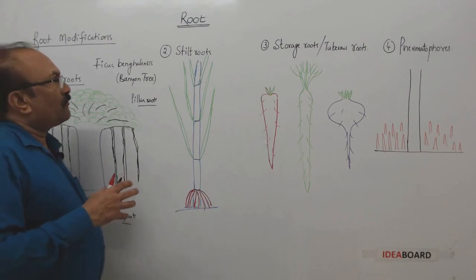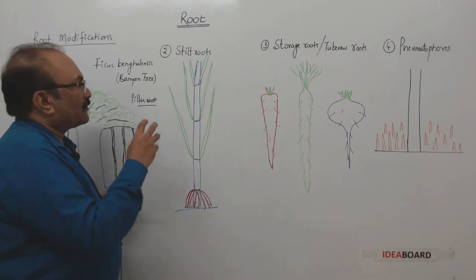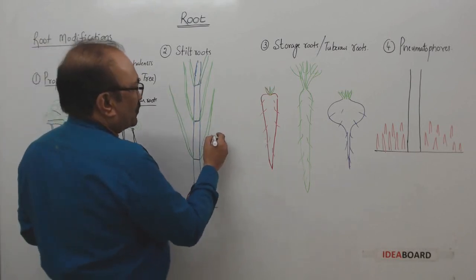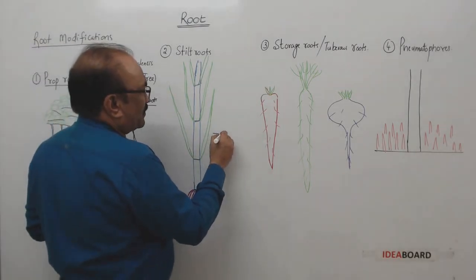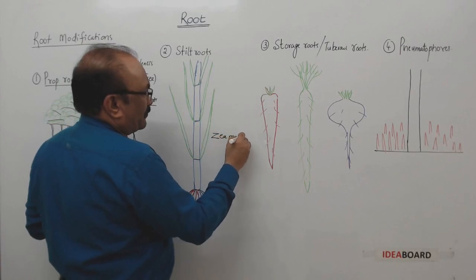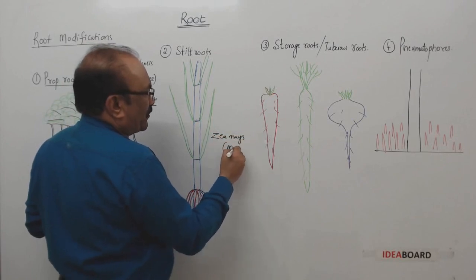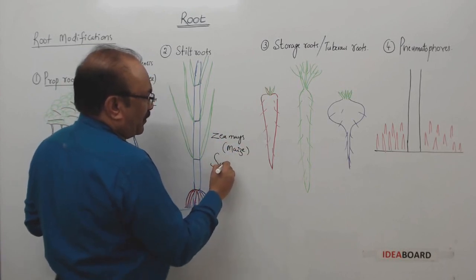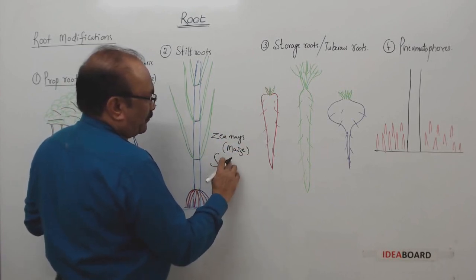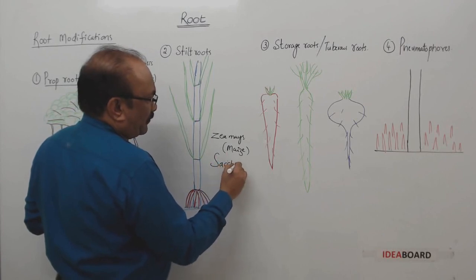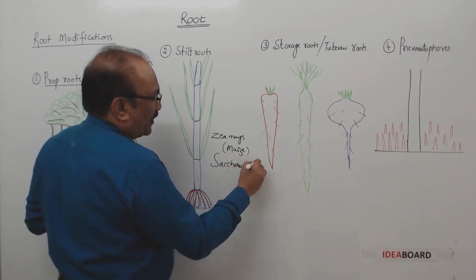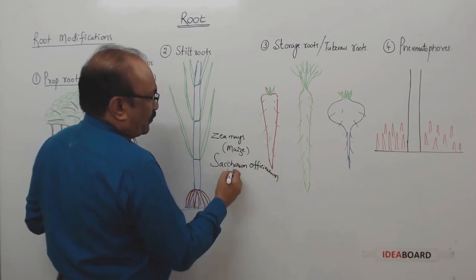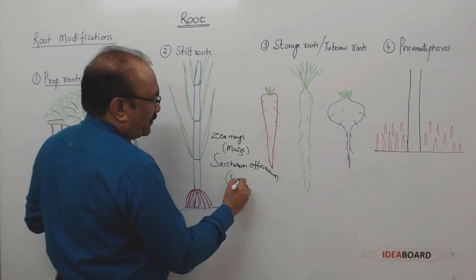Now let us see the second modification, stilt roots. The examples for stilt roots are Zea mays, the scientific name of the maize plant, and one more example, Saccharum officinarum, which is the sugarcane plant.